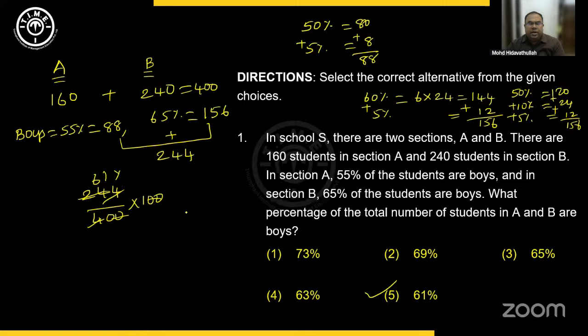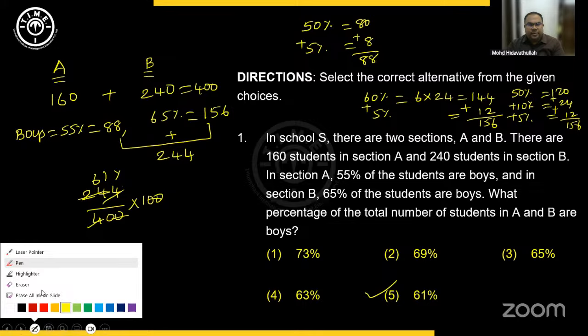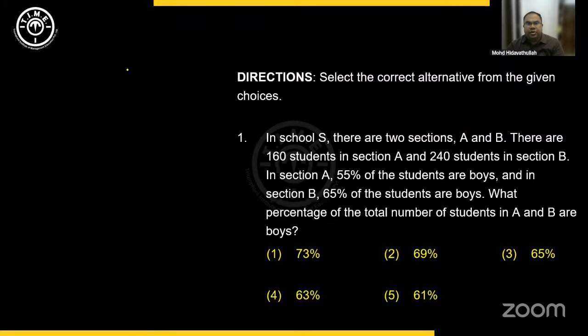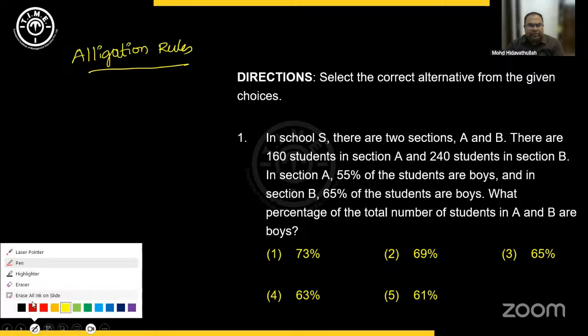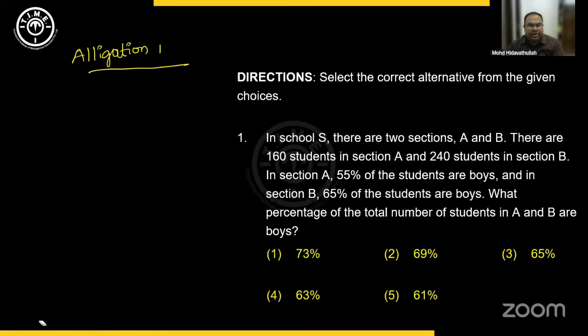Now, the same question can be solved like this. I will solve this through the alligation rule. Generally, you discuss the alligation rule in your averages, mixtures and alligation. That's a very important and famous rule which will help you solve many questions easily.